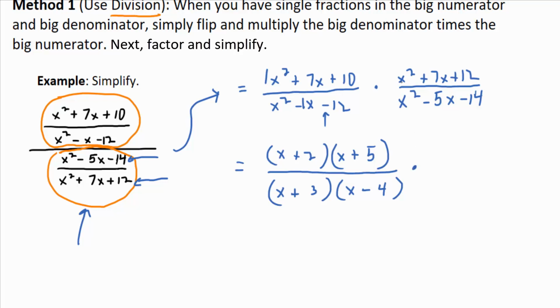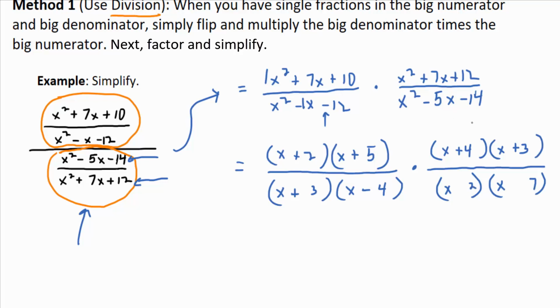How about the right-hand numerator? x plus 4, x plus 3. And the right-hand denominator: two numbers whose product is negative 14 and whose sum is negative 5. I think 2 and 7, and one of them has to be negative.